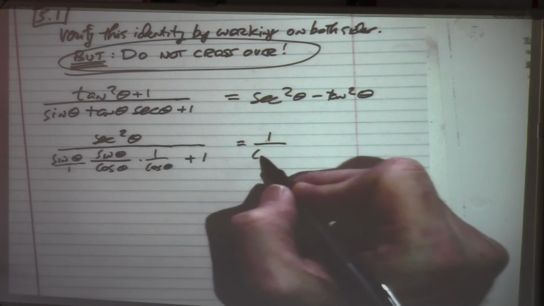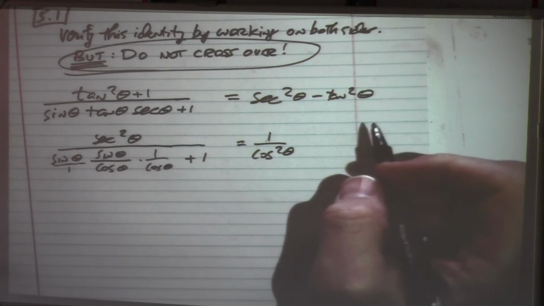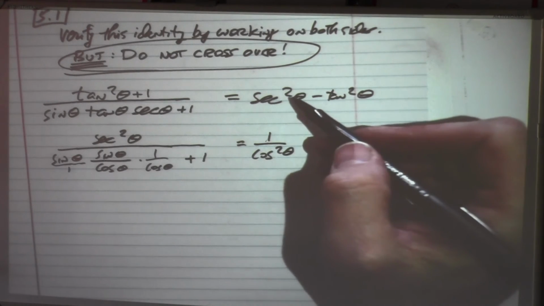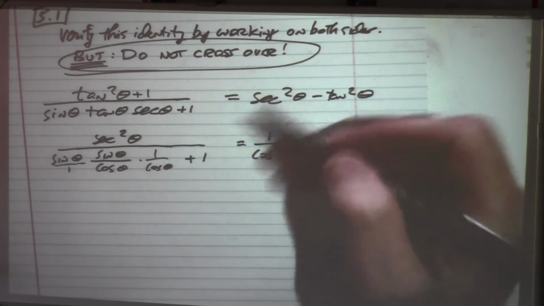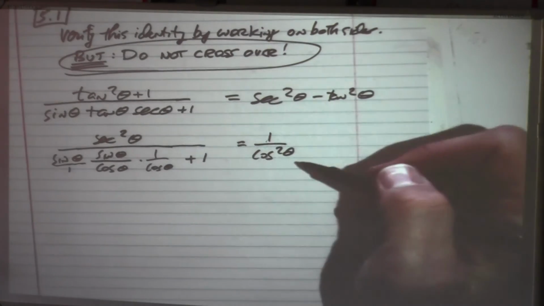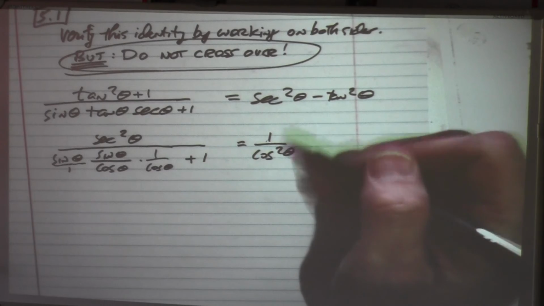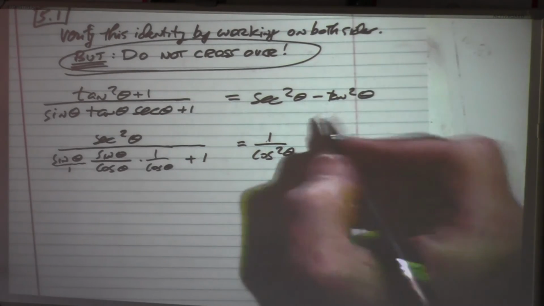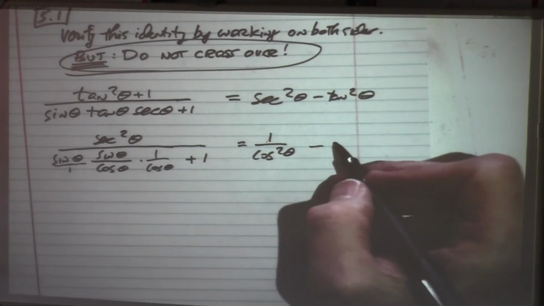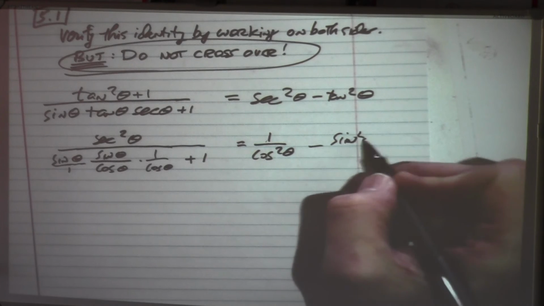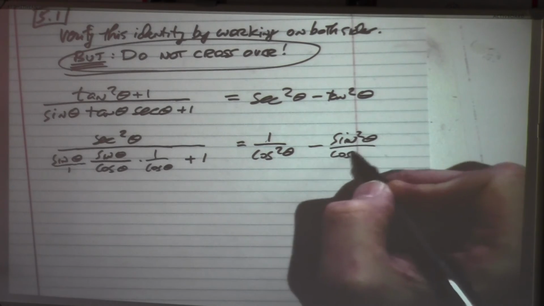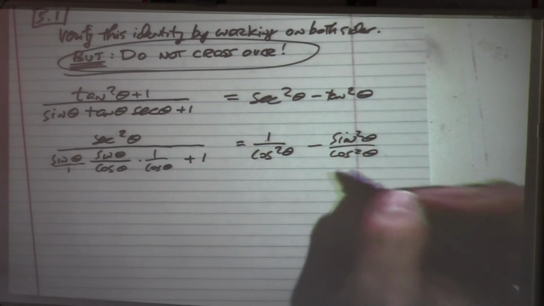So this one I'll do 1 over cosine squared theta, which you just learned: if you have a squared one, you can still use the normal properties and change them to the others, just keep it squared. So if that one's squared, then this one's going to be squared. Now, tangent squared would be sine squared theta over cosine squared theta, because tangent is sine over cosine.